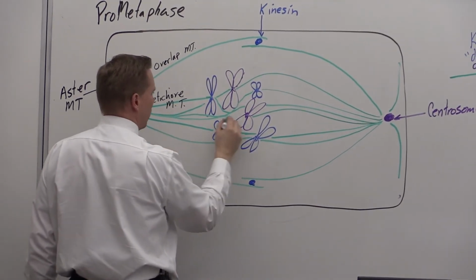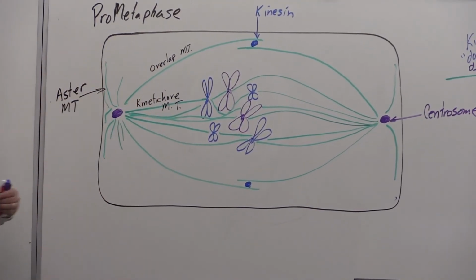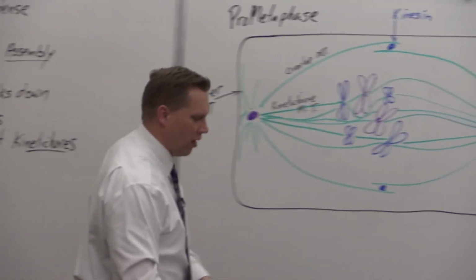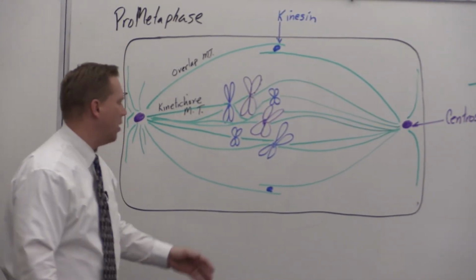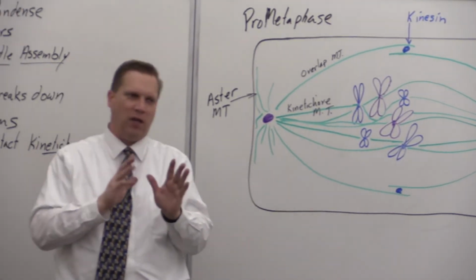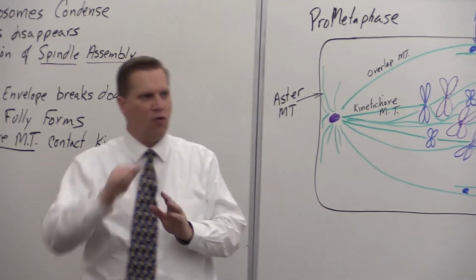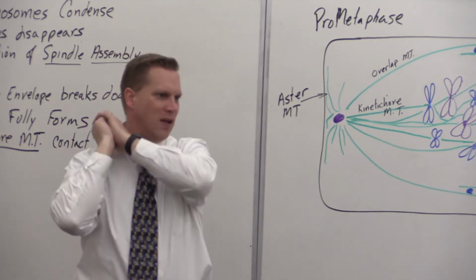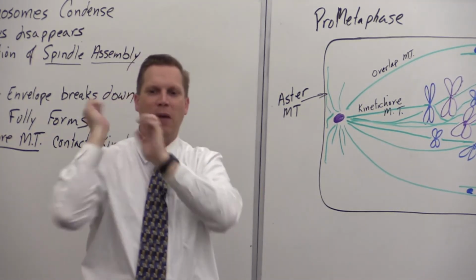But every chromosome ends up getting contacted by a kinetochore from one side and then a kinetochore from the other side. We're not going to go into a whole lot of detail about it, but what actually happens is the kinetochore microtubules will grow and shrink, and they're kind of flung out randomly, almost like a fly fisherman casting and then reeling back in.